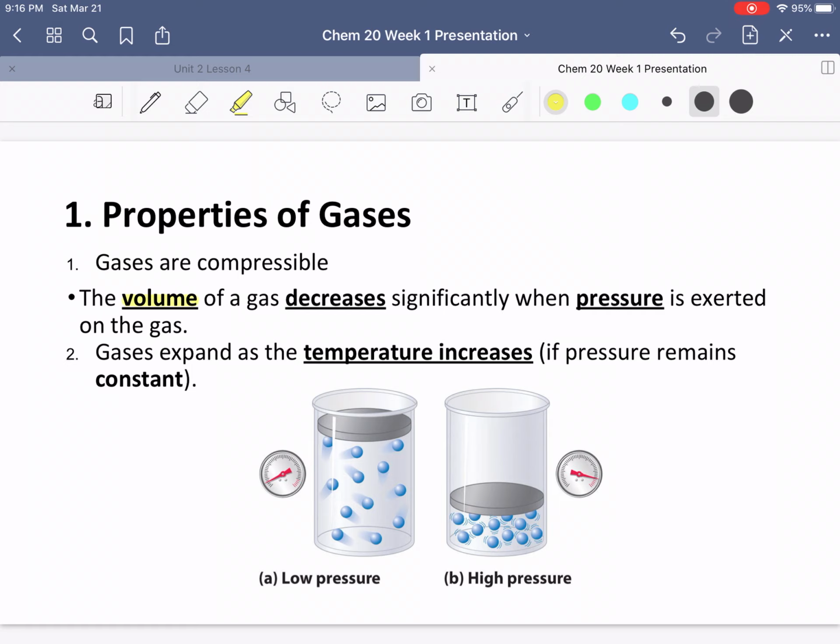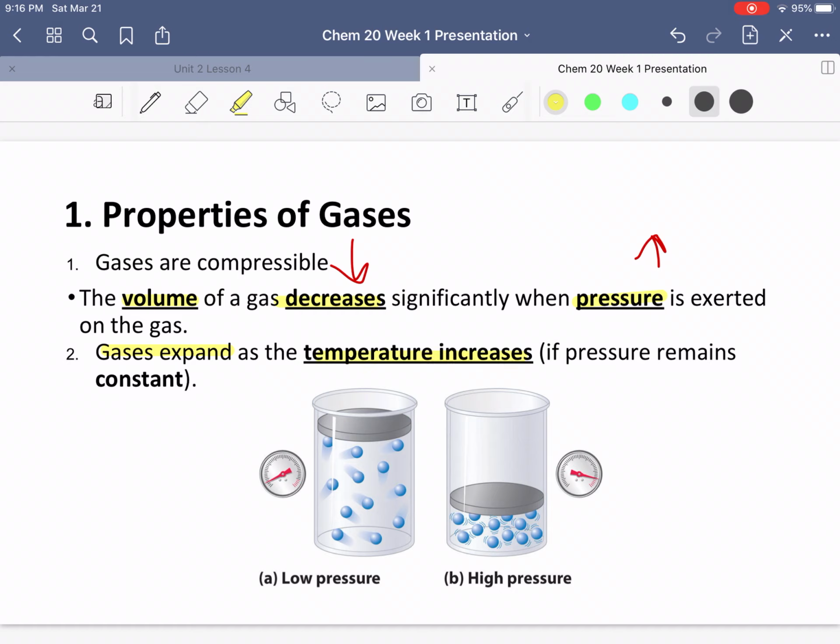So we end up with a relationship here that's actually called an inverse relationship. The volume of a gas goes down when pressure is exerted. So think about what those two things mean. If the volume of a gas goes down when pressure increases, right? That's why it's an inverse type relationship. Vice versa, if you keep on going, gases expand, that's related to volume, folks, as temperatures increase.